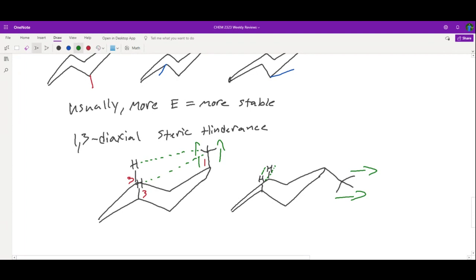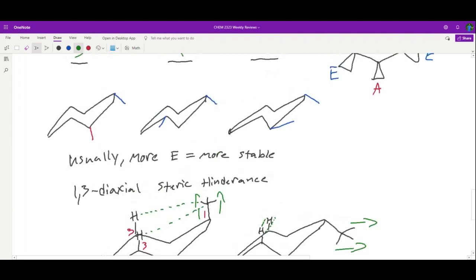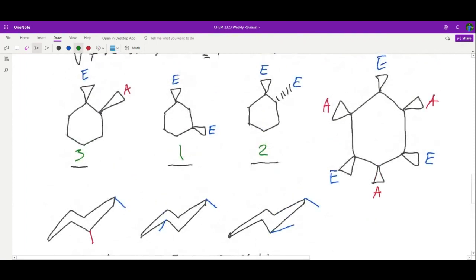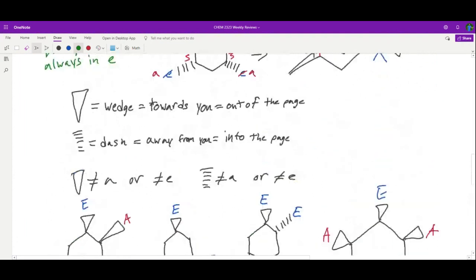Professors might have brought this up already. If not, they might. But this is kind of explaining why equatorial is usually preferred over axial, as well as 1,3 diaxial comes into play in some other moments in OChem or OChem 2. But yeah, so that's kind of the general gist of chairs.